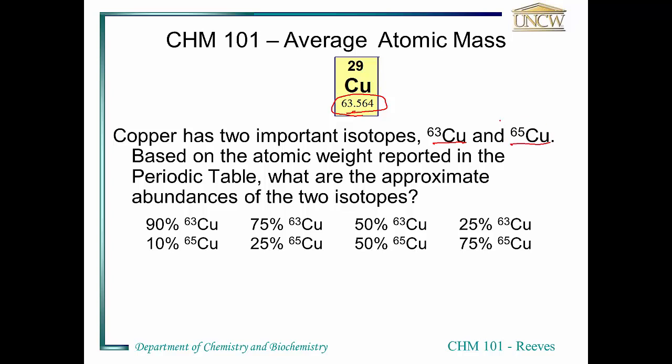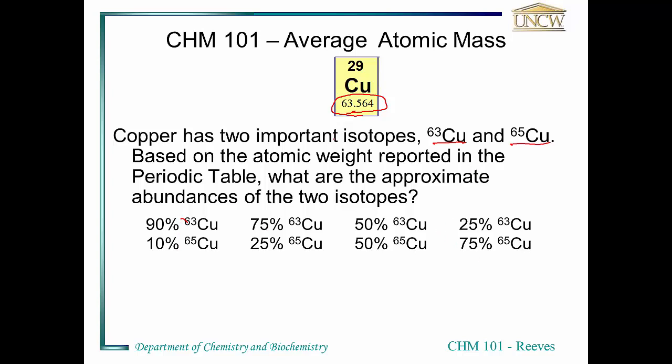Again, the numbers are slightly different than that, but for purposes of this problem, let's call copper 63's mass 63 and copper 65's mass 65. Based on the atomic weight, the question would be, what are the percentages of copper 63 and copper 65 in the sample? We notice we have answers that range all the way from 90-10 to 25-75.